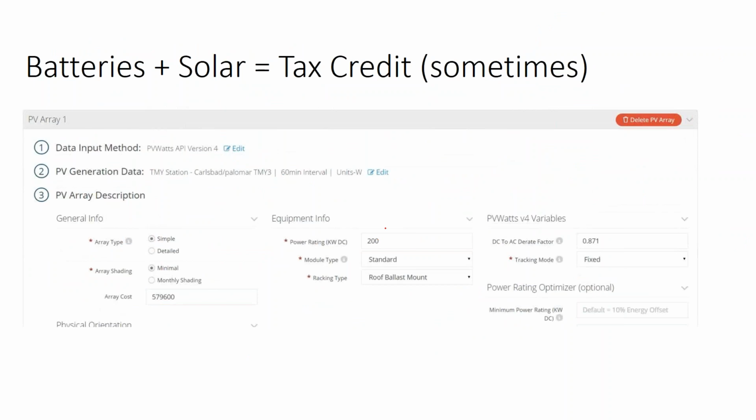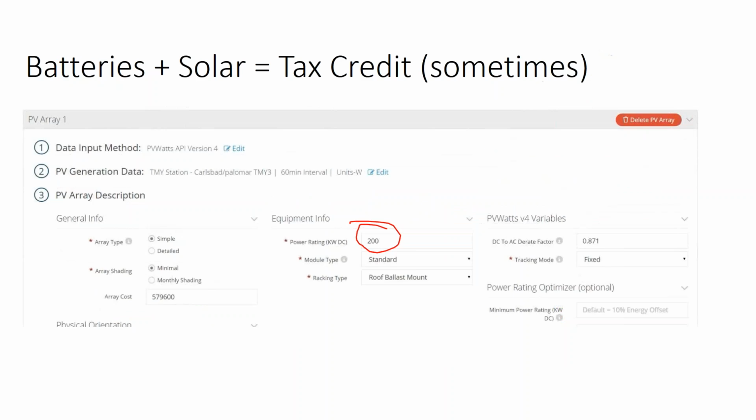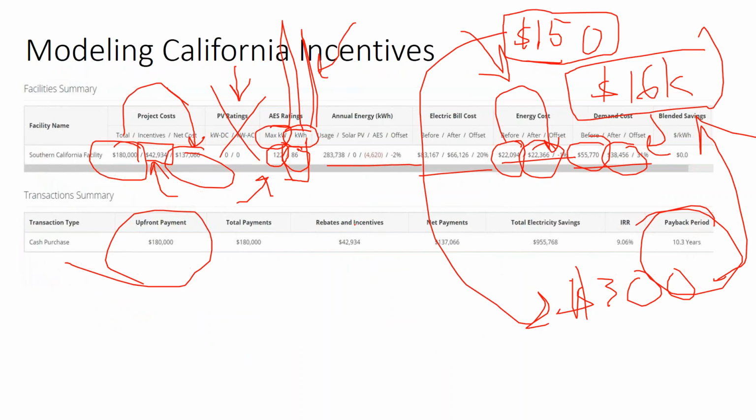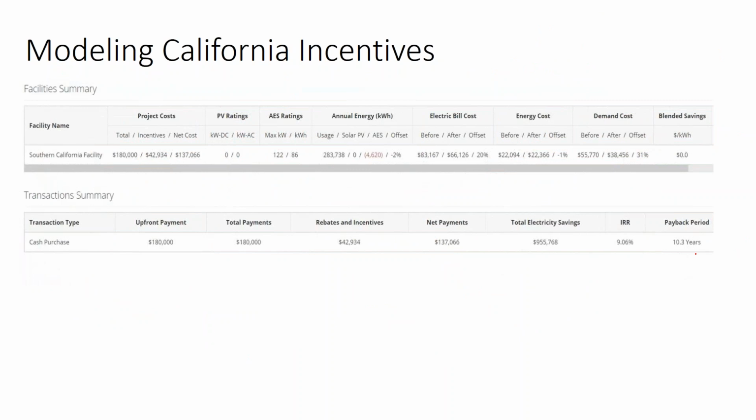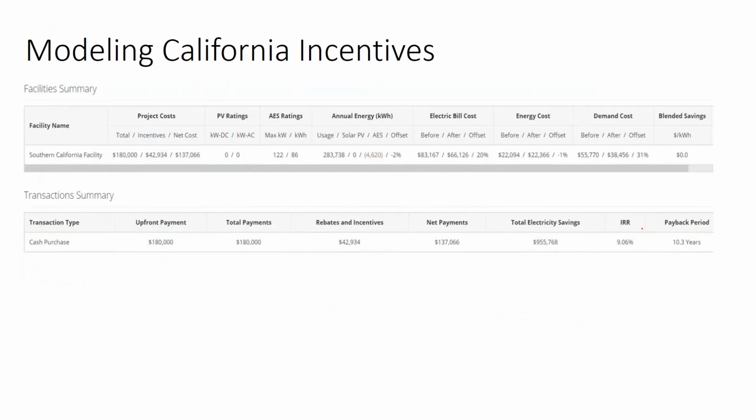So now we're adding a 200 kilowatt solar array to this commercial example. I guess I didn't put the concluding slide on it. But effectively, what we see is that the solar array will also have around an 11-year payback.